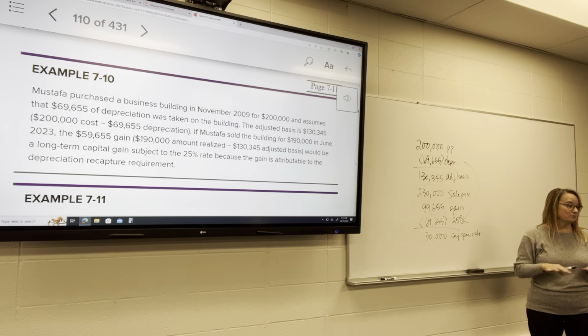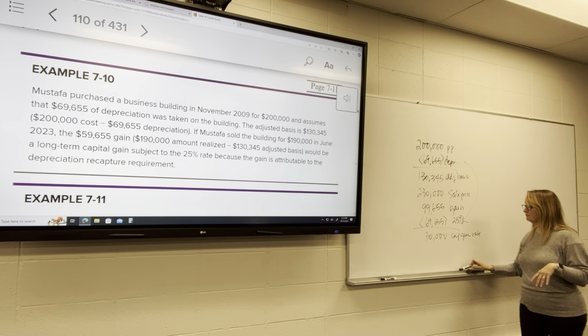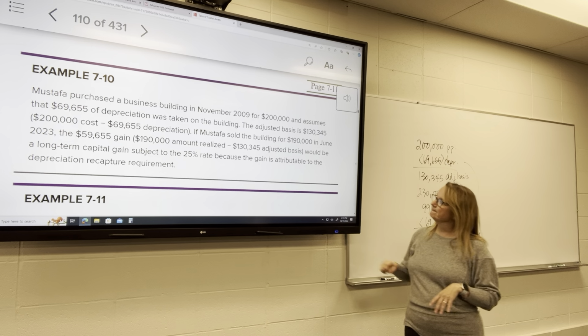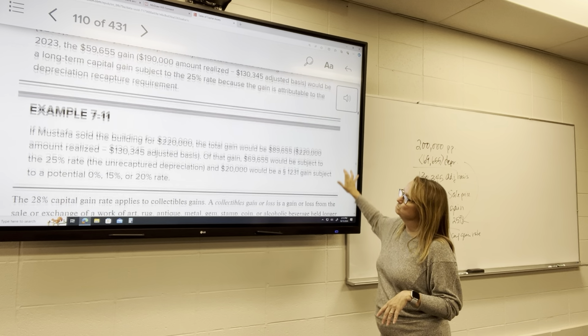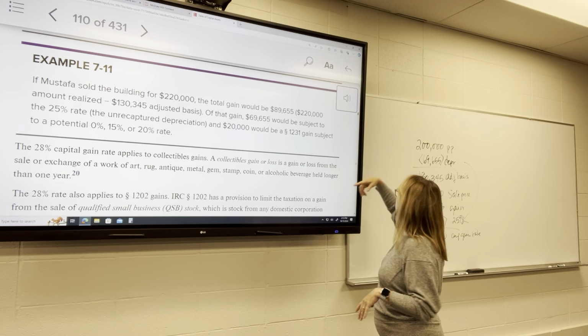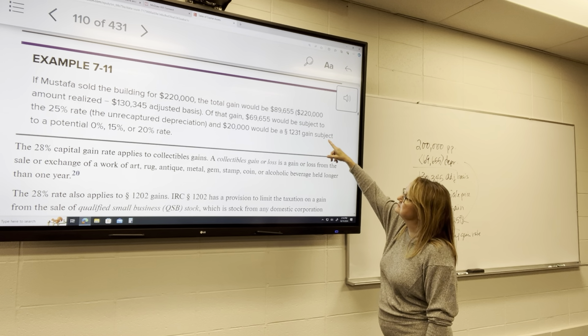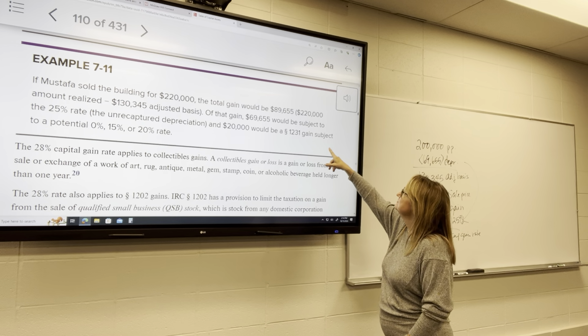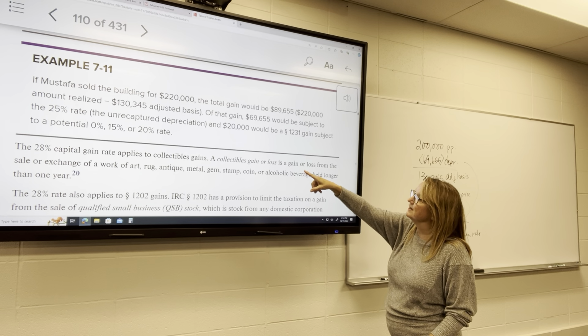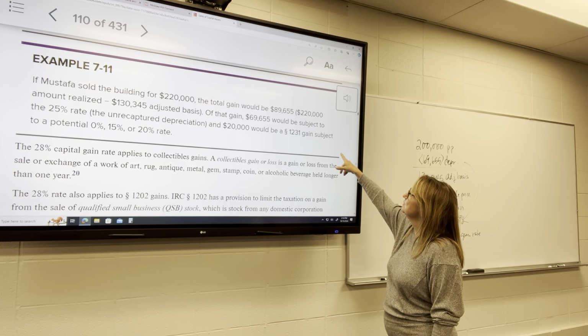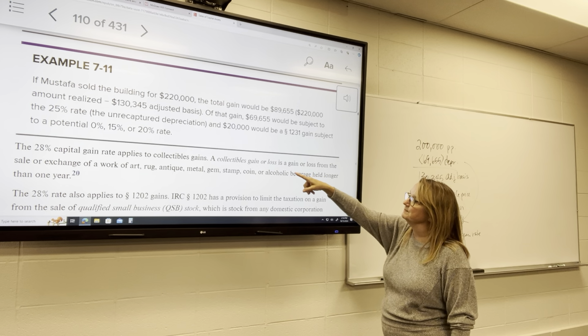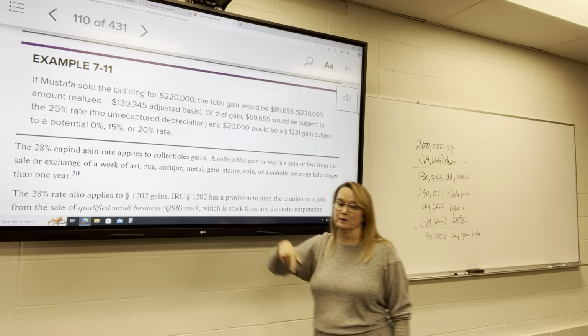So you have to separate those two parts of the gain out from each other. If you sold the building for $220,000, well, it's a different example from mine. $220,000, the total gain would be $89,655. Of that, $69,655 would be subject to the 25% rate. $20,000 would be a 1231 gain subject to a potential 0, 15, or 20% rate.